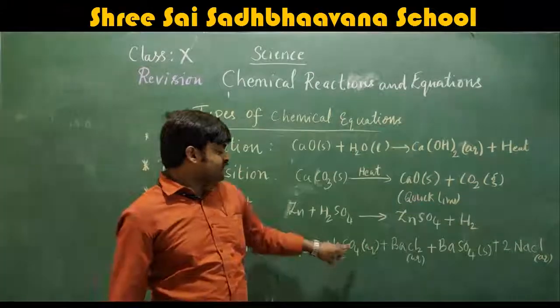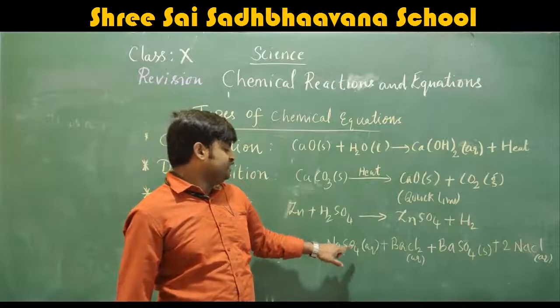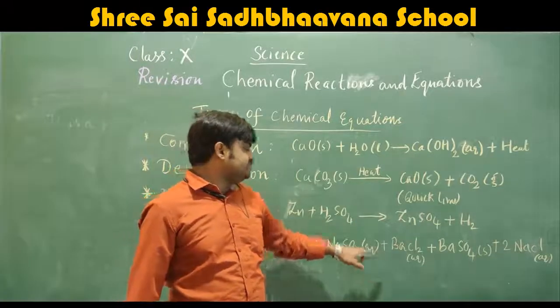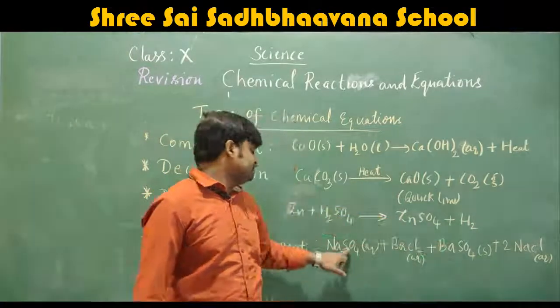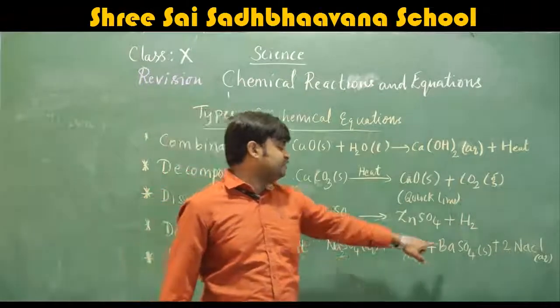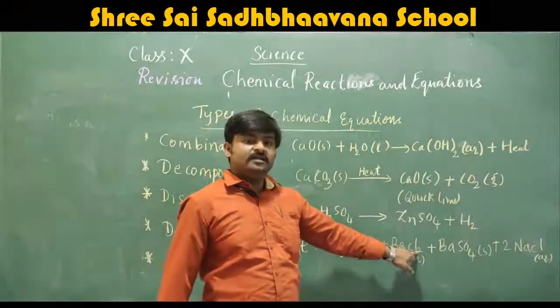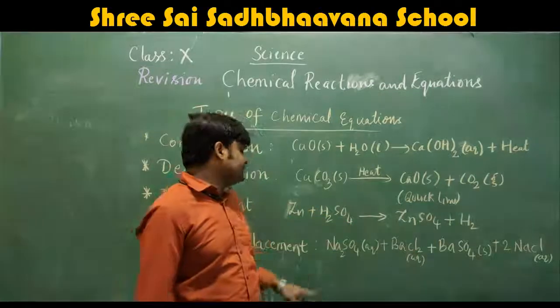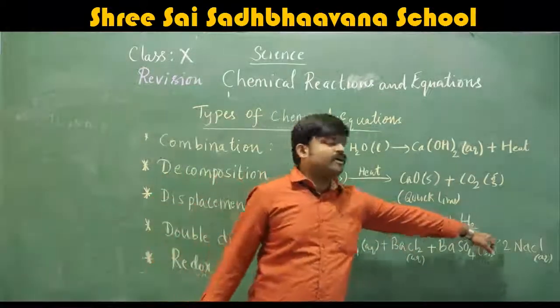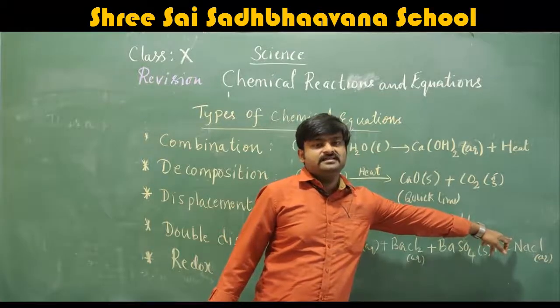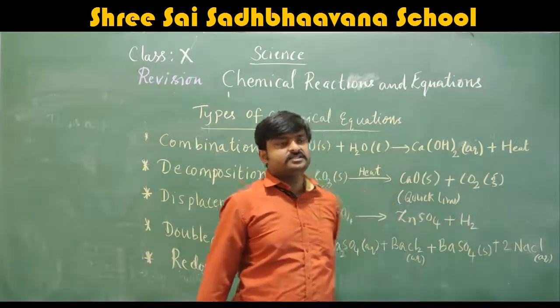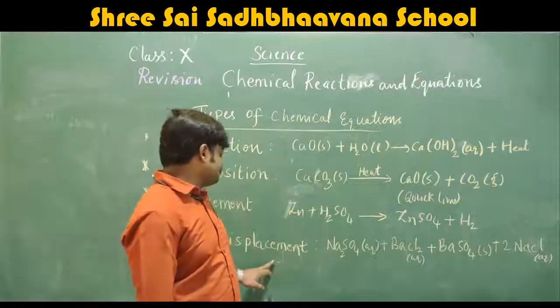Here you can notice that this sulfate SO4 has changed position and joined with the barium, and this chlorine has changed place and joined with the sodium. It forms NaCl.